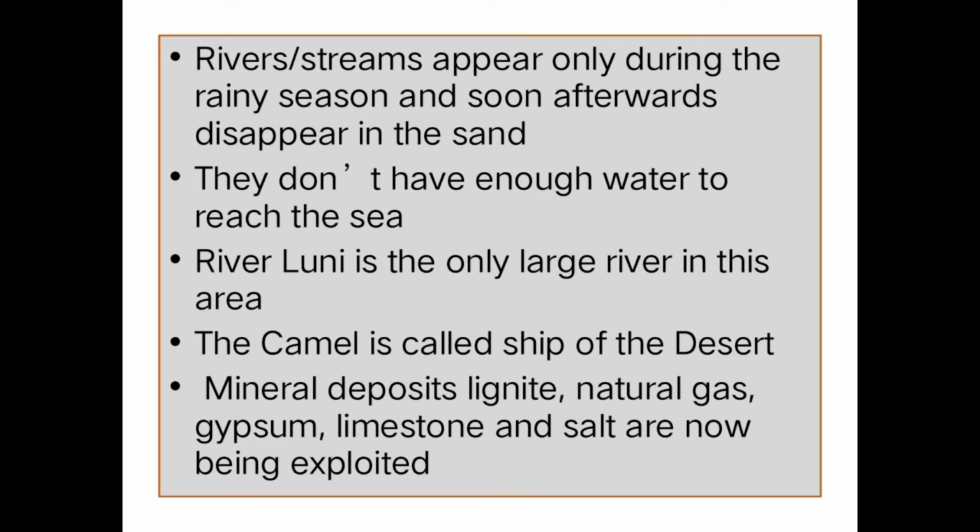The most important river which can be noticed here is the Luni, the only large river in this area. It doesn't have enough water to reach far and join the Arabian Sea.